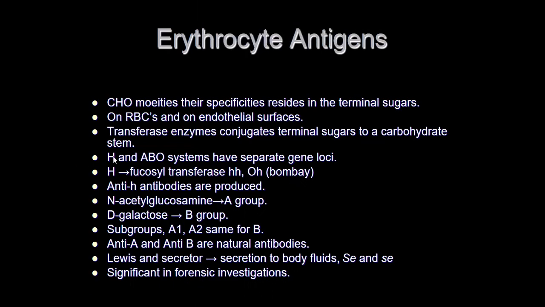So in summary then, the blood groups are carbohydrate moieties. Their specificities reside in the terminal sugars. Remember that they are present on the surface of red blood cells, as well as on the endothelial surfaces.